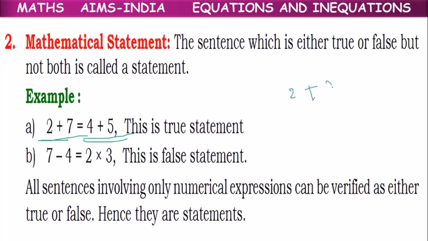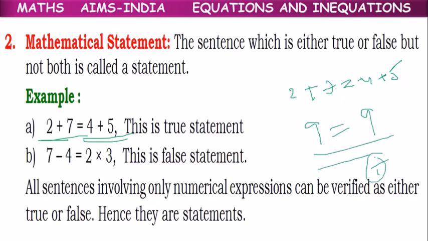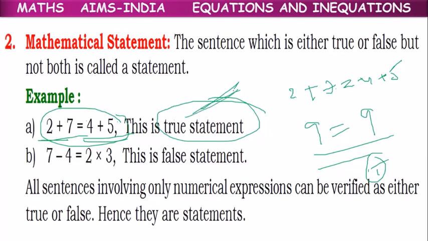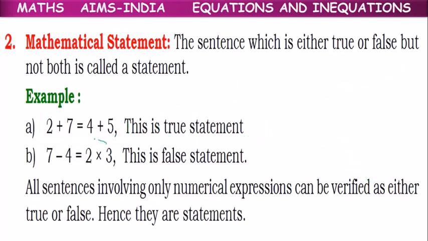So here, 2 plus 7 equal to 4 plus 5, it's a mathematical sentence. 2 plus 7 equal to 9, 4 plus 5 equal to 9, 9 equal to 9. This is true. So this mathematical sentence is a true statement. Whereas this one, 7 minus 4 equal to 2 into 3. 7 minus 4 how much? 3. 2 into 3 how much? 6.